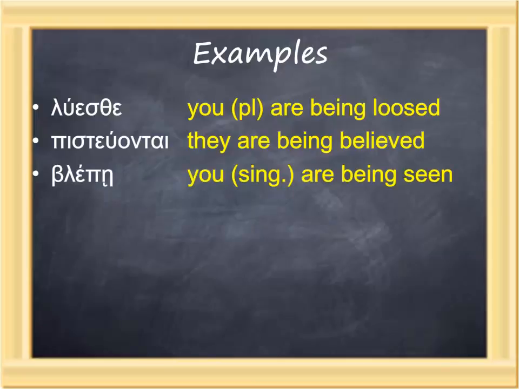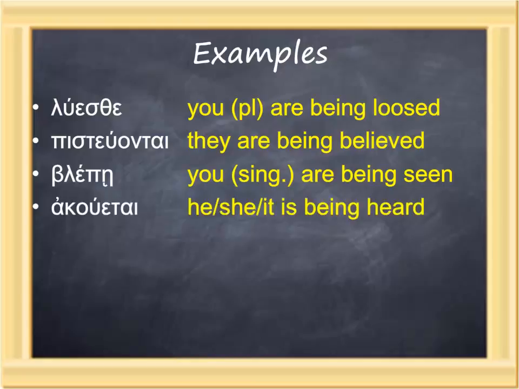Blepe, eta with the iota subscript, is the second person singular. You singular are being seen. Akouetai, tai is the third person singular. He, she, or it is being heard. In all of these examples, notice the action is being done to the subject.